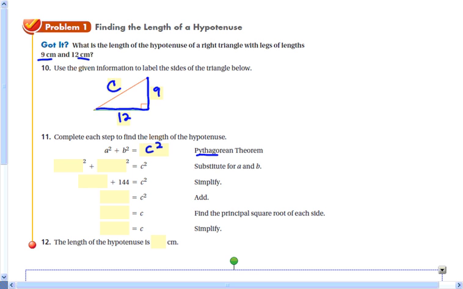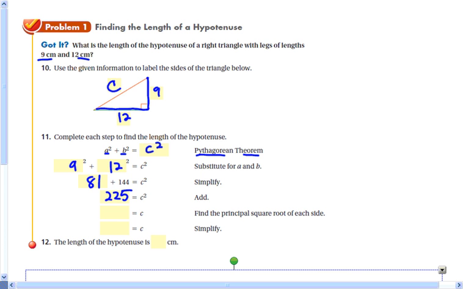That's the Pythagorean theorem. And now, since I have both legs, a and b, I can substitute those values in there. So I get 9 squared there, 12 squared there. 9 squared is 81, 12 squared is 144, so I simplified that. I can now add those two together. 81 plus 144 is 225. That's equal to c squared, the area of the square on the hypotenuse.